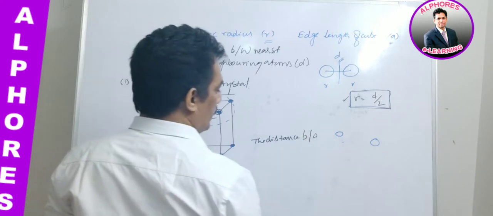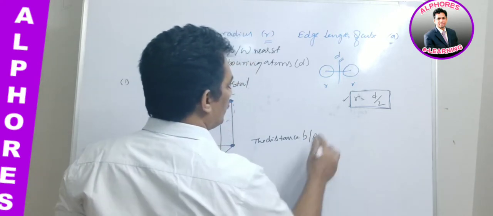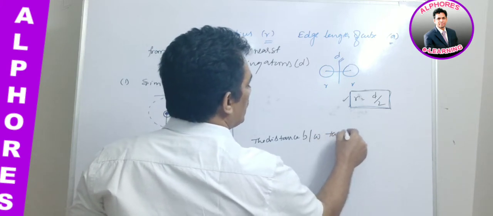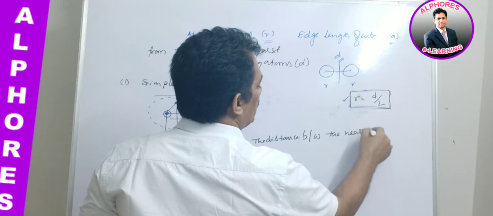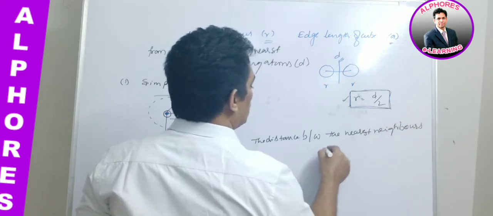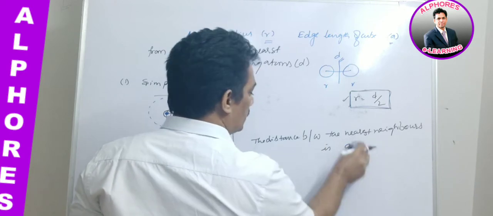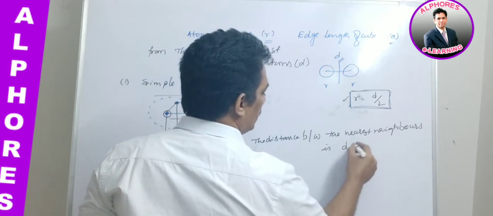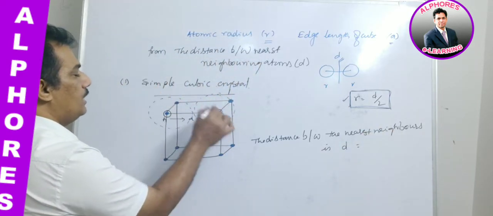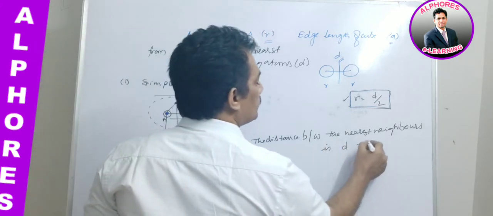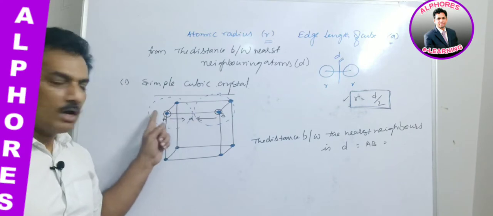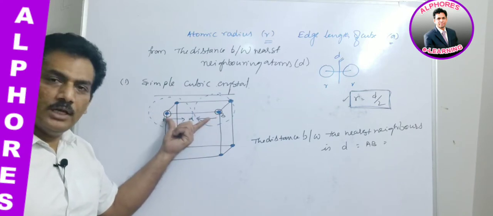So now first let us consider R is nothing but D by 2, and here the distance between the nearest neighbors is A. That is, the distance is taken as D, and this is nothing but A, between atoms A and B. From this corner to this corner, this is nothing but edge length.